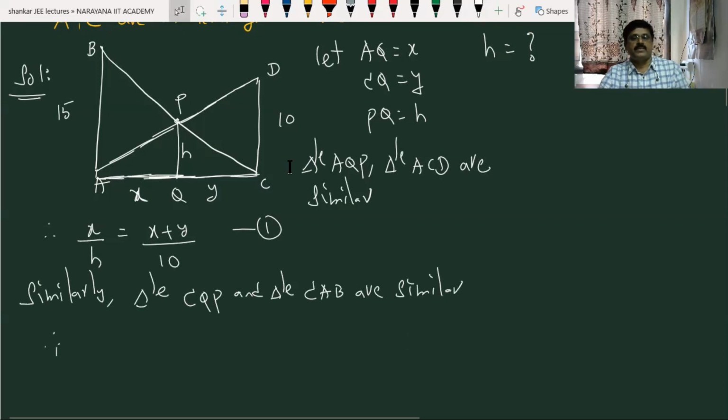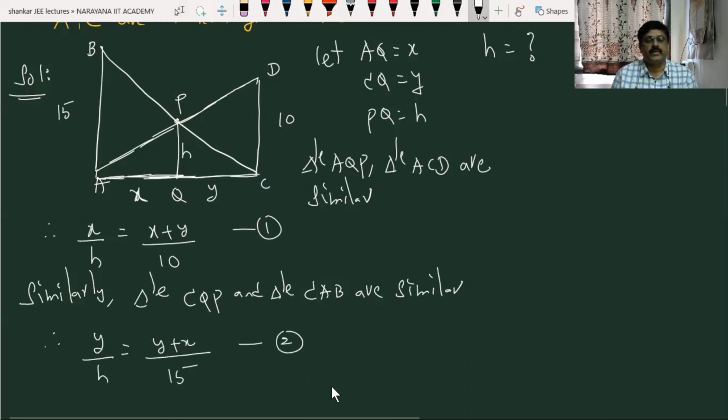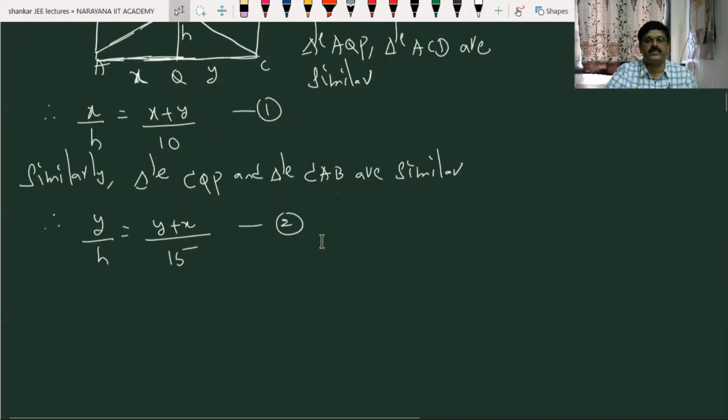Students, see this CQP and CBA triangle are also similar. Then what I am going to do is y by h is equal to x plus y by 15. Equation number 2, students. Don't forget, your task is finding the value of h.